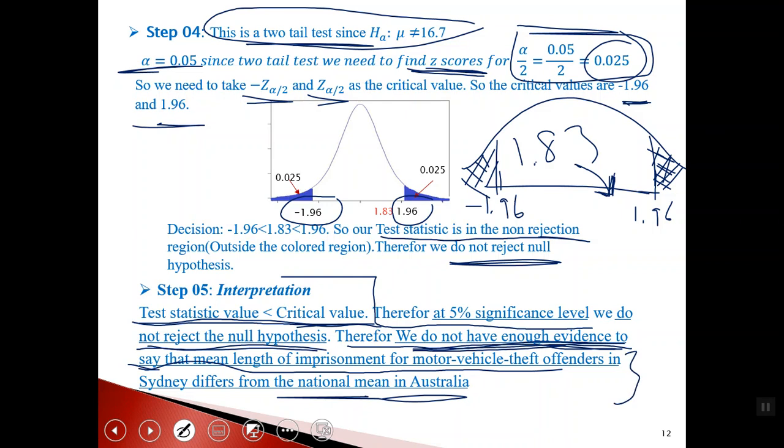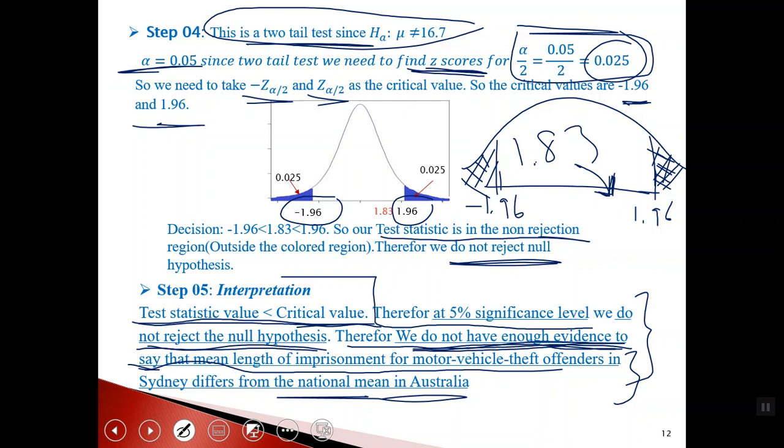That's how we build the interpretation. You don't need to add any stories, just one or two lines is fine, but you have to clearly mention all the necessary information in this piece for the interpretation.